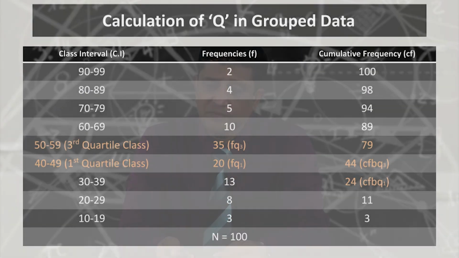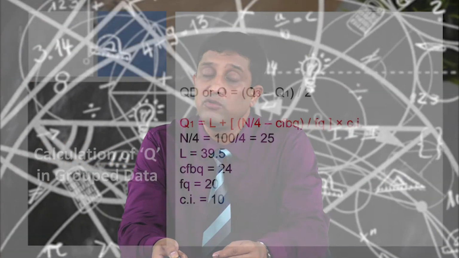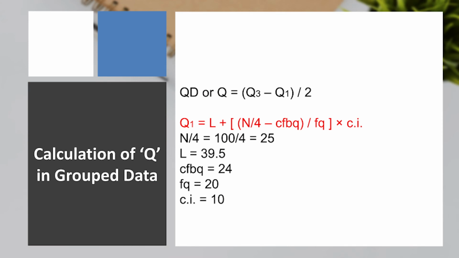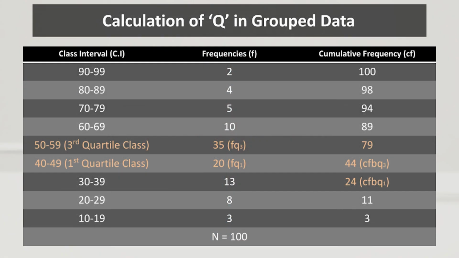The total number of cases is 100, and the cumulative frequency below the first quartile class is 24. N by 4 is 25, since 100 by 4 is 25, so the 25th case lies here. Below this 24 cases are there, and the 25th case is in this class, that is 40 to 49.